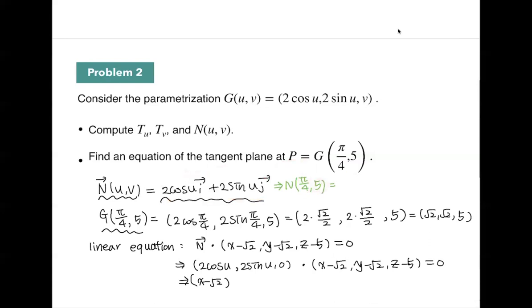So our normal vector is 2 cosine pi over 4 i plus 2 sine pi over 4 j, and it is root 2 i and root 2 j. There is no k component, so it'll be 0. Our normal vector is root 2, root 2, 0.